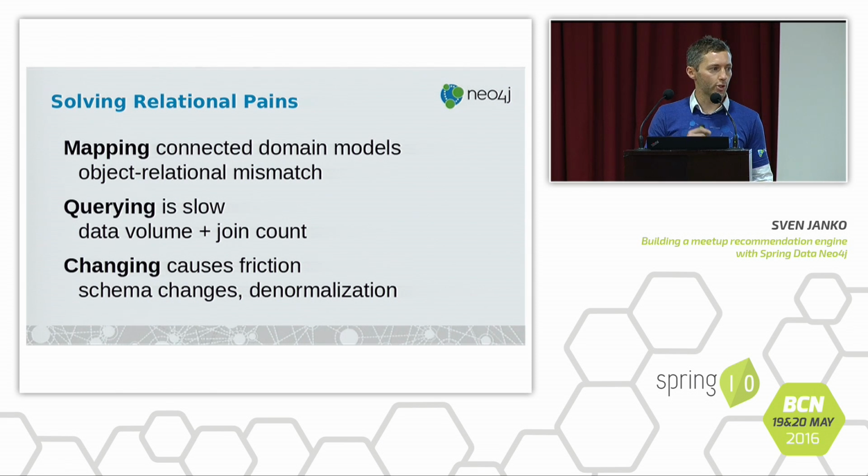And of course, if you change your domain model, you will always need to think about remodeling, and your schema changes somehow. In contrast, with a graph database or Neo4j, we have a schema-less model, and if we change our application design, we can easily adjust the data model without having to think about denormalization or things like that.